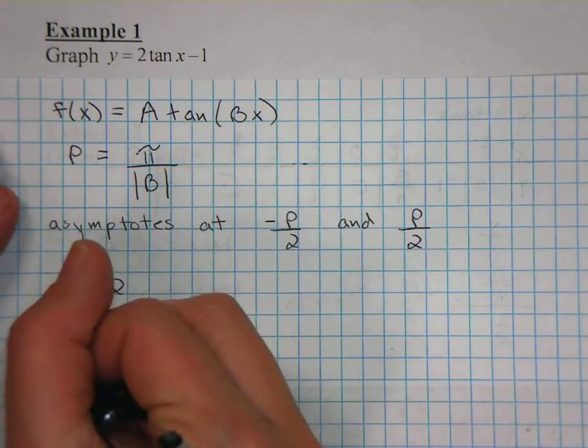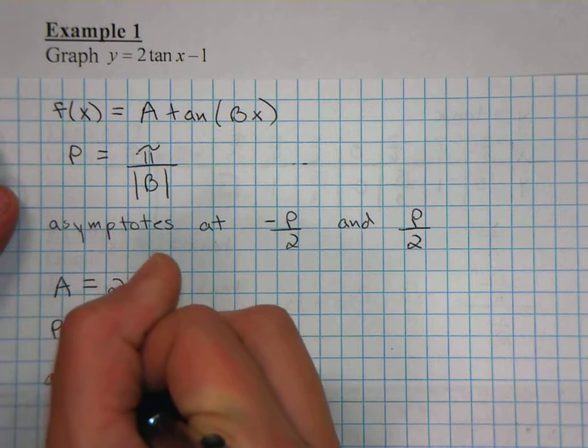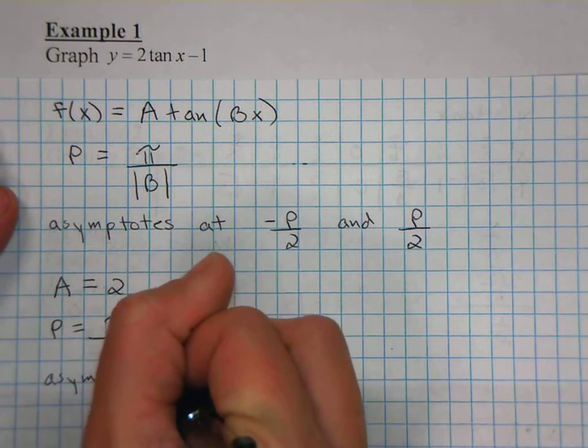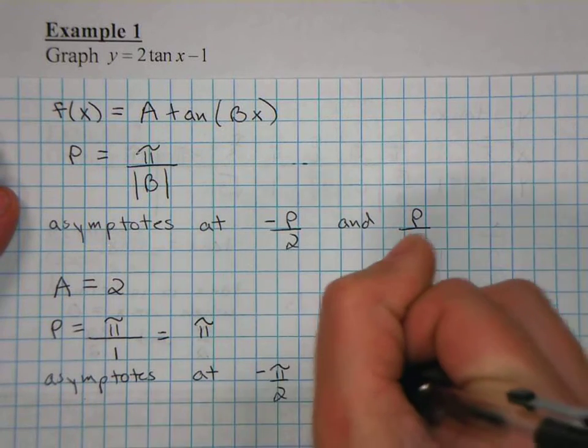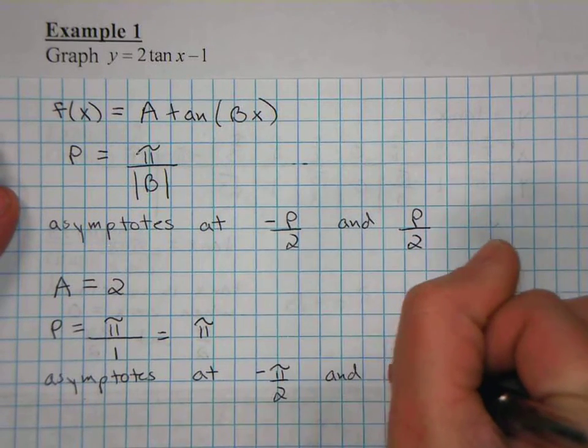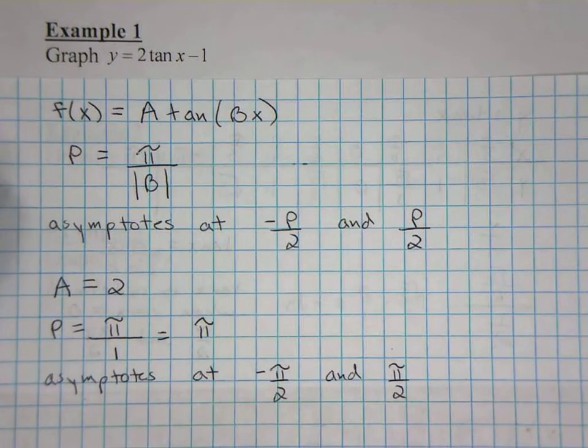And then that means that for this graph I would have asymptotes at negative pi over 2 and pi over 2, which is just that standard parent graph.